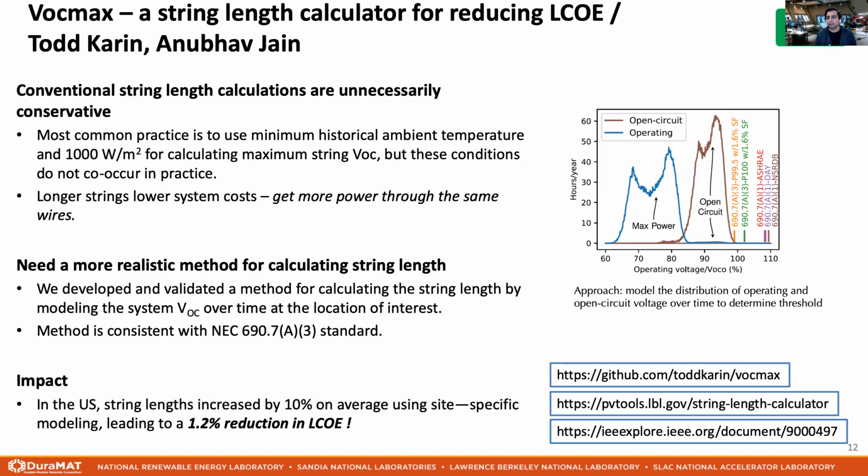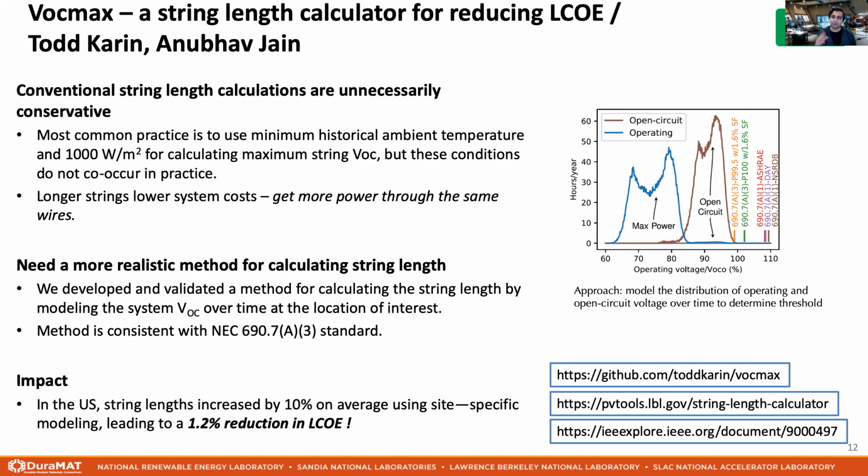And so we developed a site-specific modeling method where you give a location where you're going to put your PV installation. We'll look up all the historical data of what the temperature records look like, what the irradiance patterns look like, et cetera. And then given your module technology and some other details, we'll model using PVLib what the actual voltage profile will look like over time.